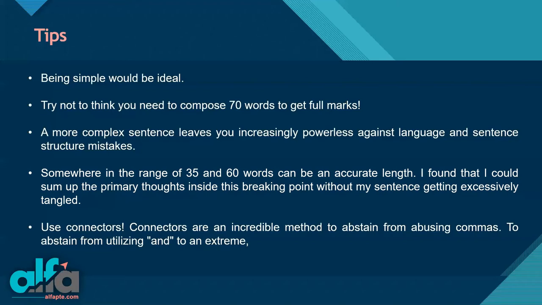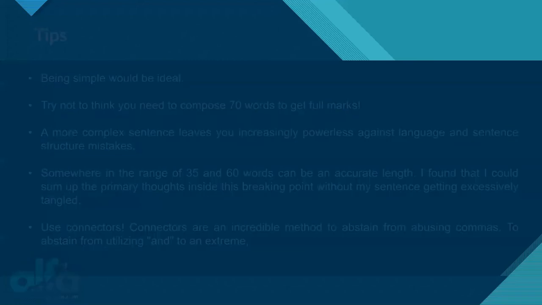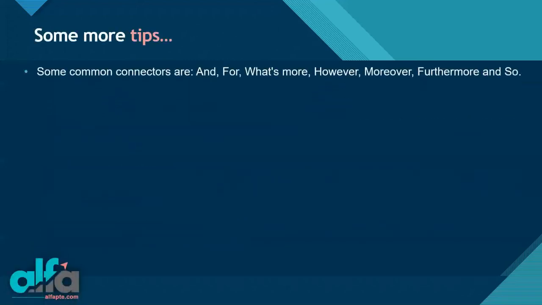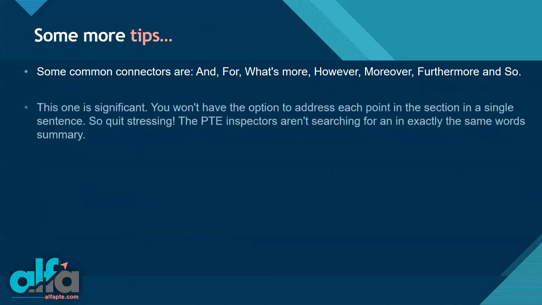So you can't put commas everywhere, and too many ands also do not look very good. So use other connectors. Let's see what other connectors you can use. Some common connectors are obviously and, the most common one, then for, then what's more, however, moreover, furthermore, so these are some connectors that you can use.